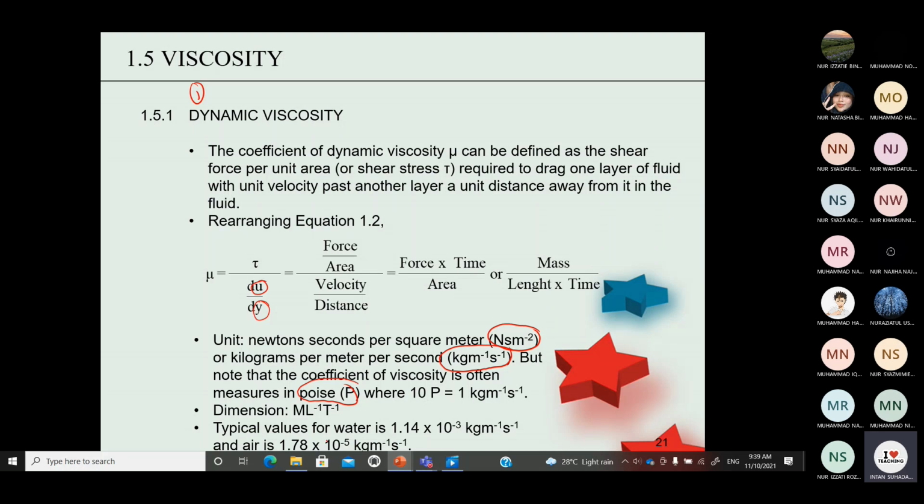This is a typical value for water. Why do you have to know for water and for air? Because you will have to use it during the calculations later. Later you will see how you apply this.